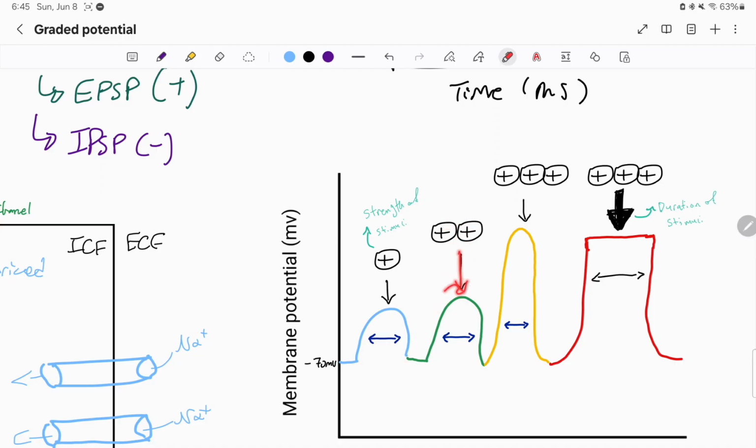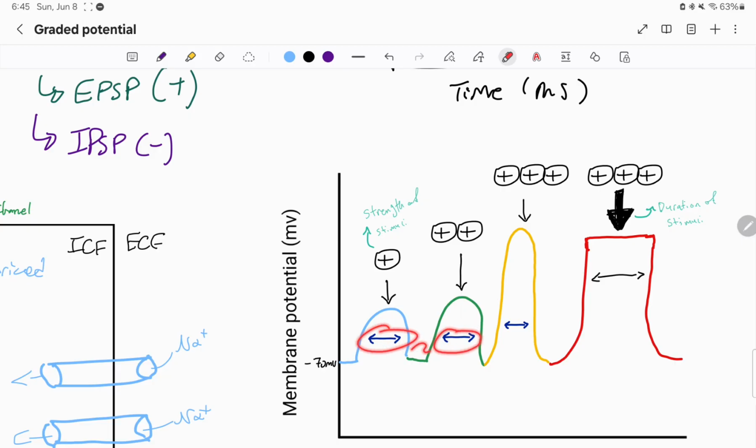Let's say I keep the duration the same as this original case, but I only increase the strength of my stimulus. Then I would, of course, notice that my graded potential has a little bit of a bigger magnitude as compared to this one, right? So you can clearly see this one has a bigger magnitude.